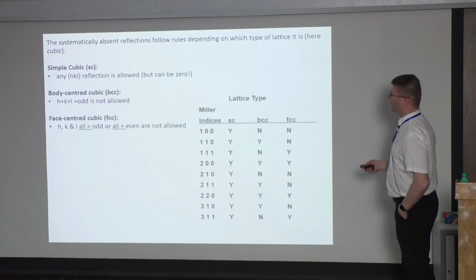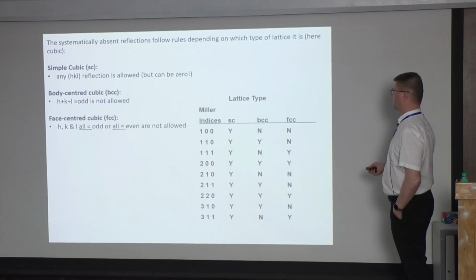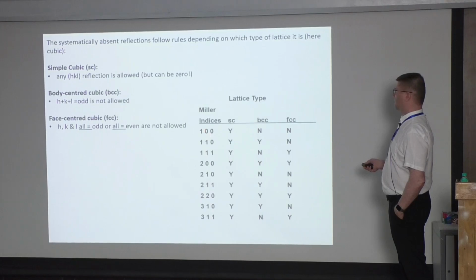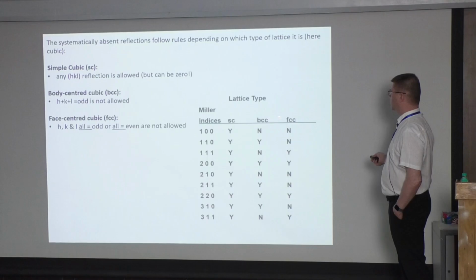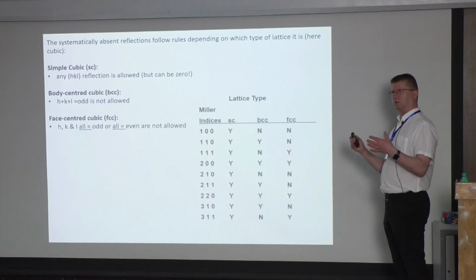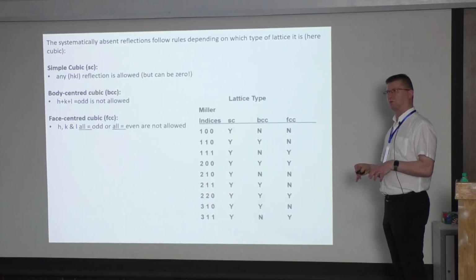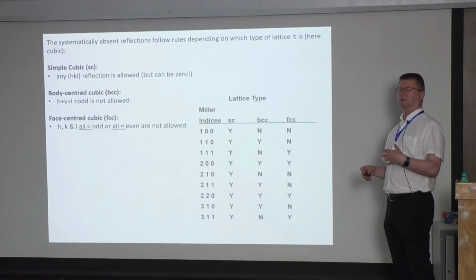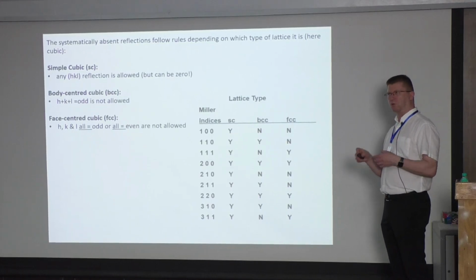And you can see if we have a face-centered cubic, it has a lot of these things. Here is just an example of one cubic system. So for example, this one, 1, 0, 0, is okay in here, but in these is not allowed. So if we see this reflection, we know that it cannot be this or that. So this is now programmed inside the computer programs. They know it by heart, but 30 years ago, you had to do it by hand.